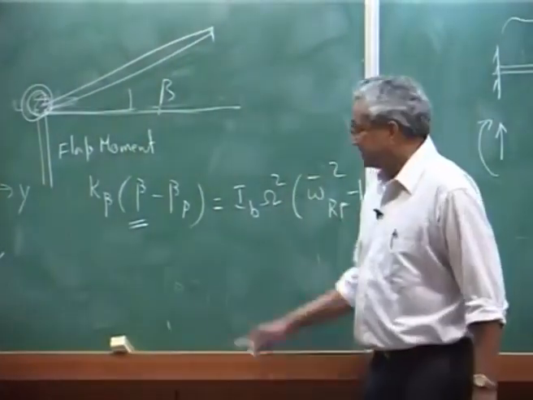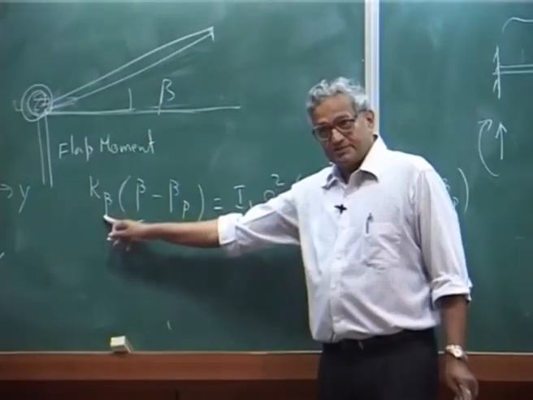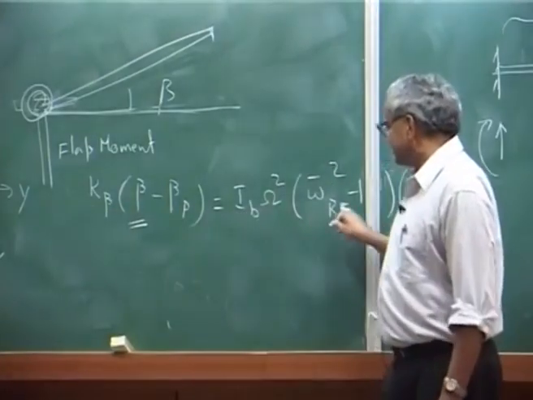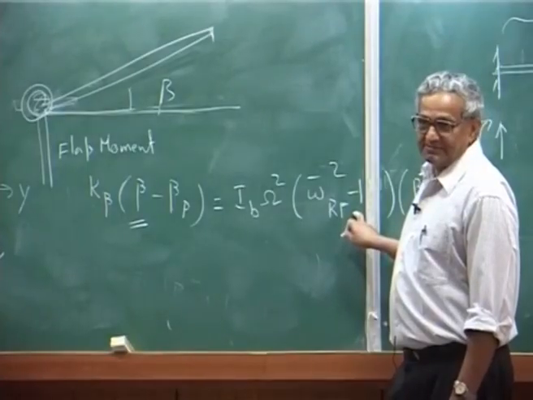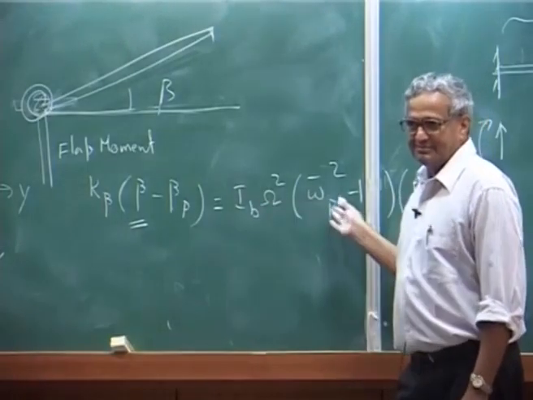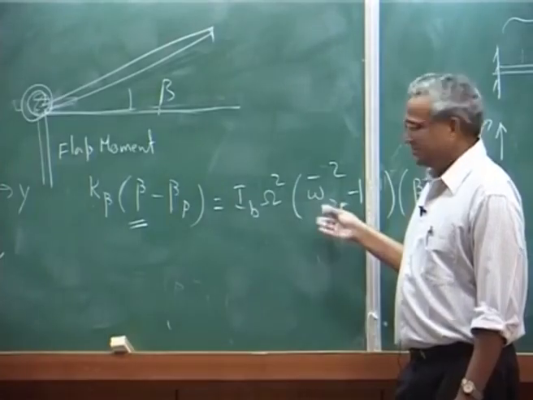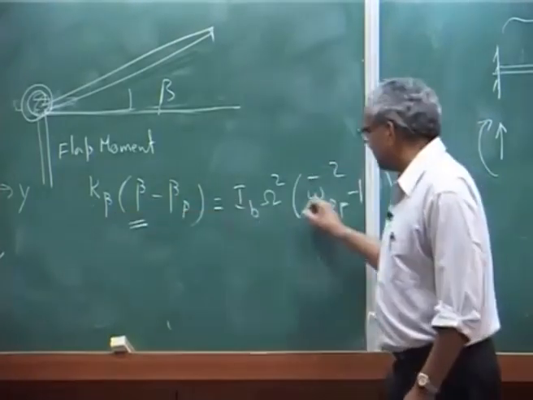So, I am converting the spring stiffness directly in terms of rotating flap frequency. This is a modification, just because you know what is K beta.